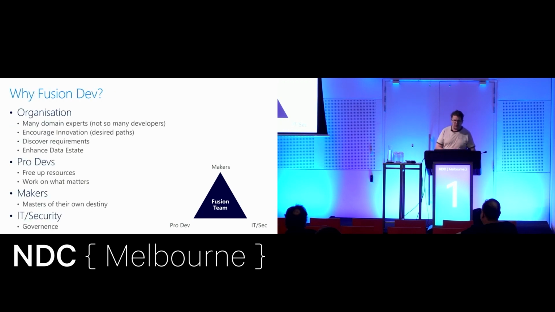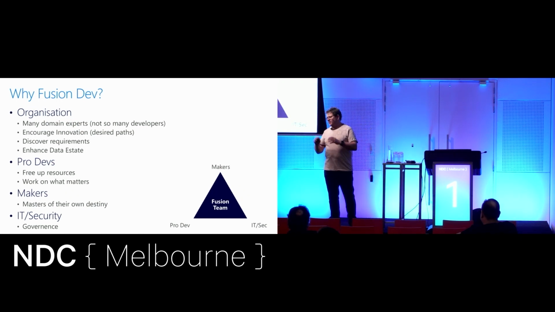As I said, let's just look at some of the things that you get out of doing Fusion development. So we were talking before the session about how many developers there aren't. There's a bunch of different estimates going around. The last one I saw, we're about 5 million developers short around the world, and we're not producing nearly that many at any one time.